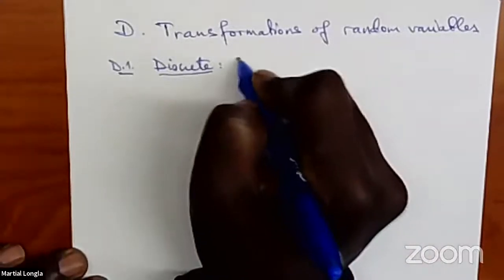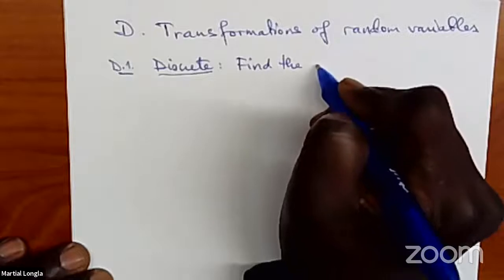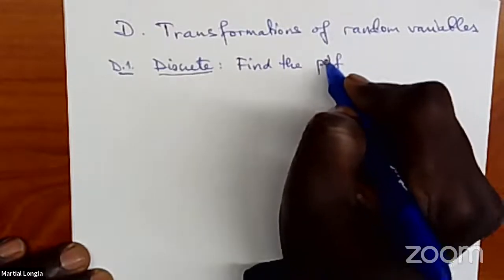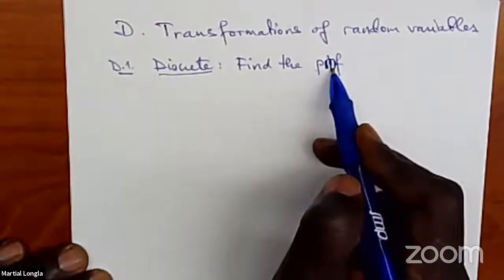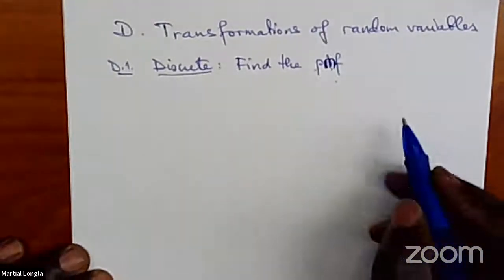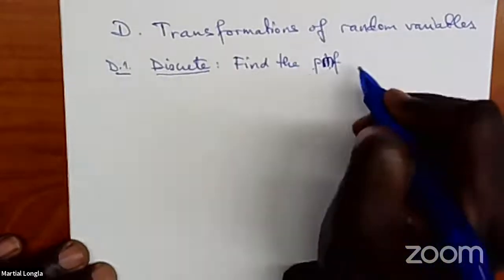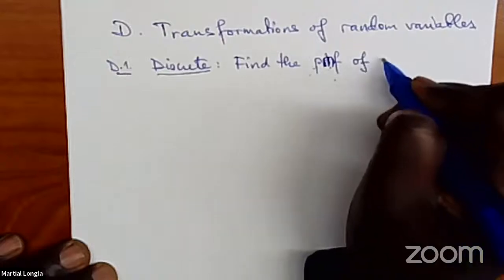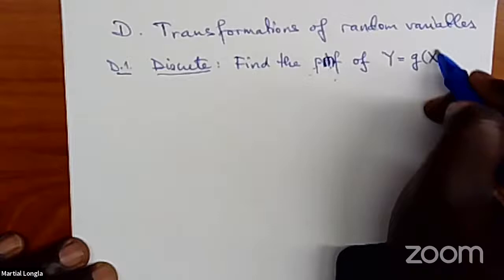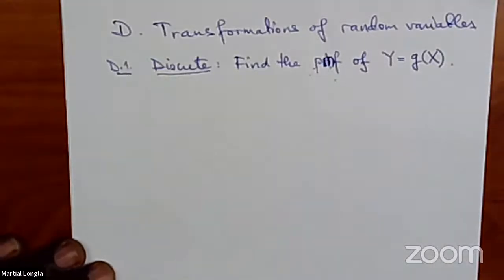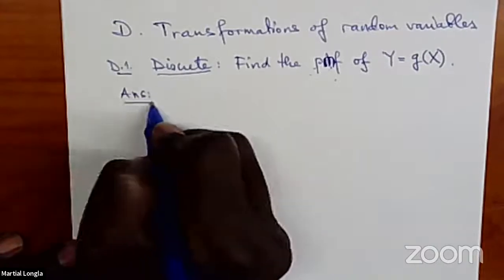The question can be: find the distribution, also the PMF, because when it's discrete, we call it PMF, probability mass function. So PMF stands for probability mass function of y equals g of x. And then how do you find that?